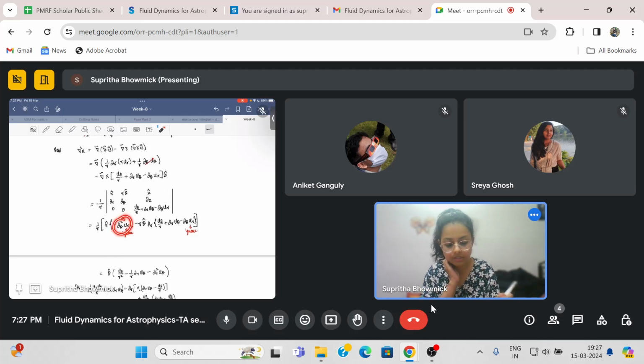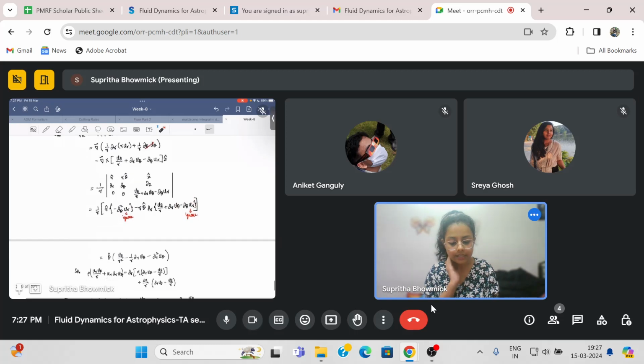So we drop this del theta square ur, and we drop del theta ur. Since we are ignoring derivatives on ur, the r cap component is no longer there. The only component that remains is along theta cap, and it's basically this.